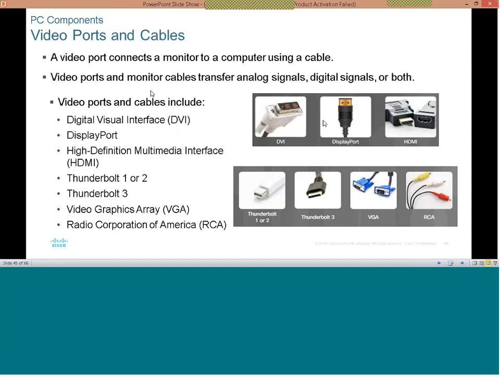It all depends on the type that's available for you to use. The DVI is Digital Visual Interface. And then the HDMI, which is High Definition Multimedia Interface, is more refined. The kind of graphics you get here are better compared to what we used to have prior to this period. And the Thunderbolt 1 or 2.